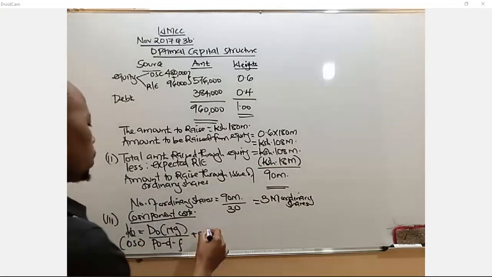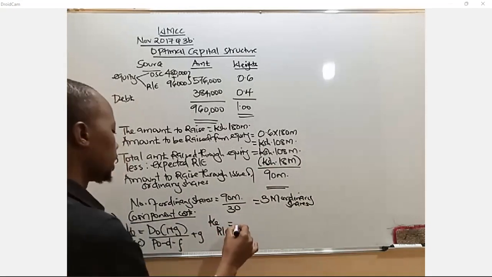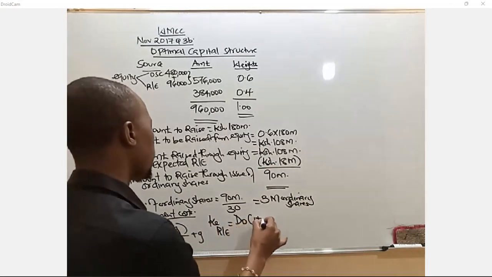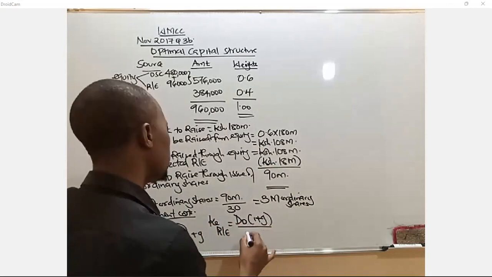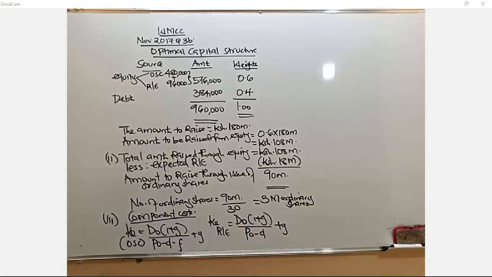But when we want to calculate the cost of equity using the retained earnings, we calculate D0(1+g) divided by P0, plus g. Correct, because we say the retained earnings are not affected by the flotation cost. That is what we discussed.